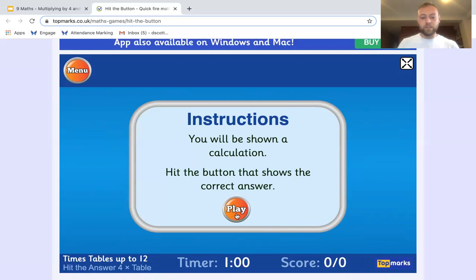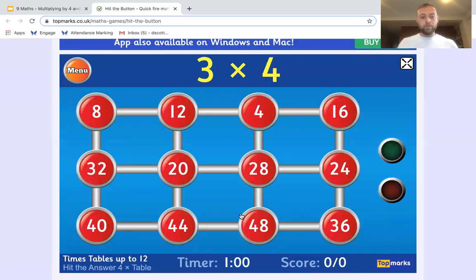Are you ready? 4 times table. 6 times 4, 5 times 4 is 20, 24. Oh, it's too quick for me. 9 times 4, 10 times 4 is 40.